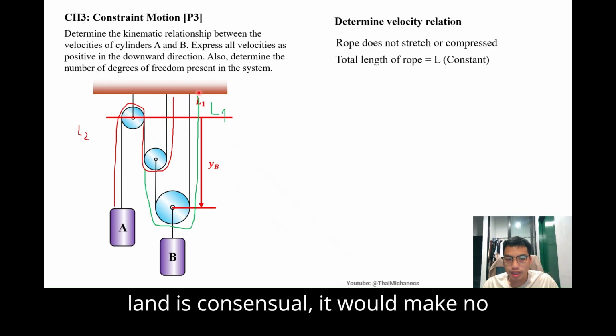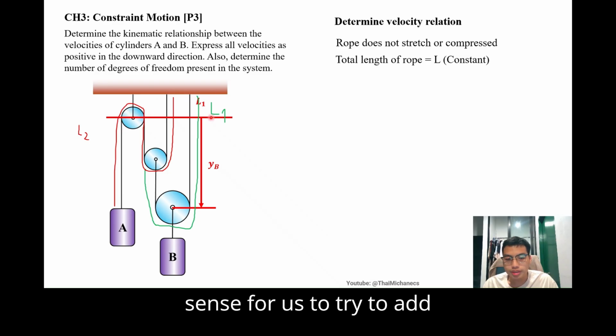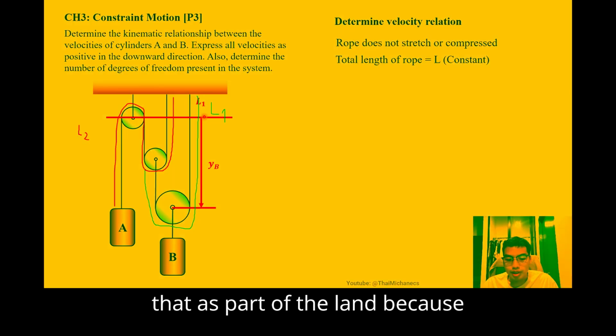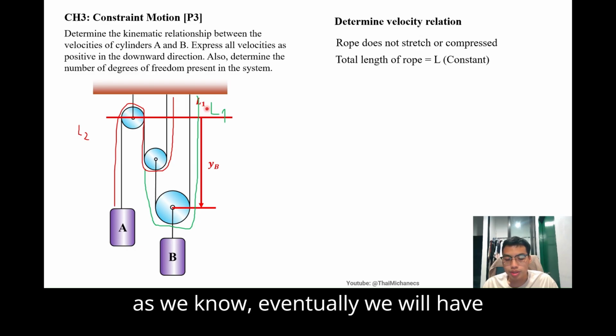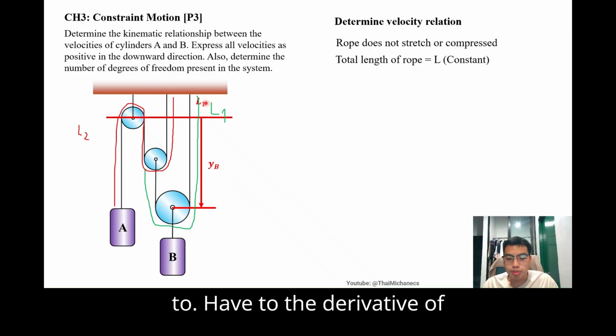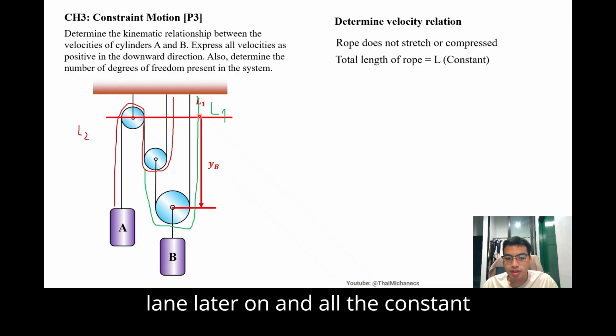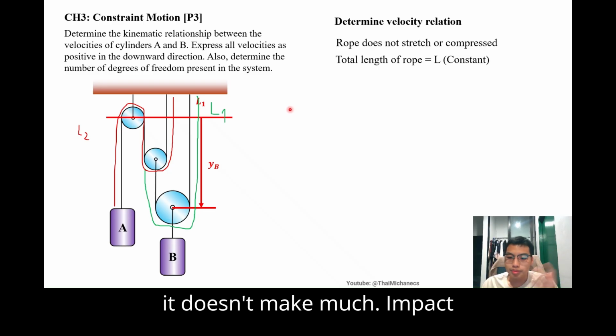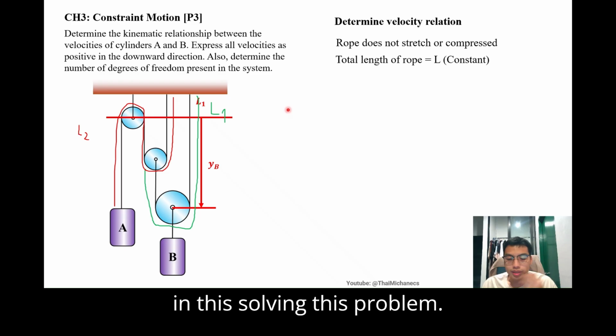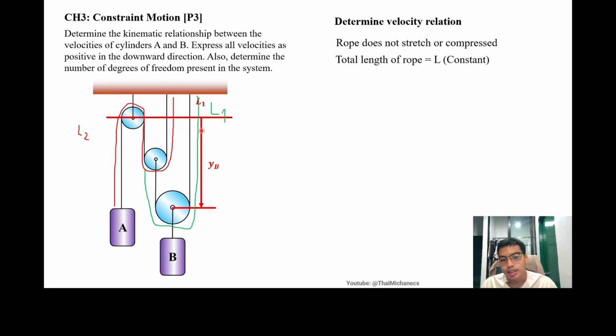Since this length is constant, it makes no sense to add it as part of the length, because eventually we will have to take the derivative of the length, and all the constant distances will just turn to zero. So it doesn't make much impact in solving this problem. Anyway, move on. To derive L1, YB is part of L1, right?